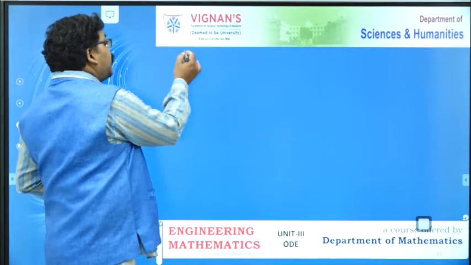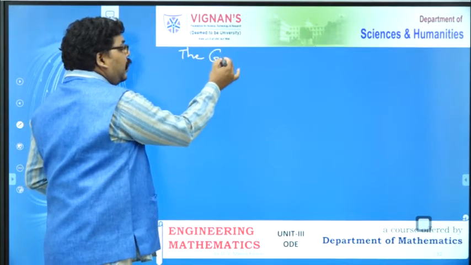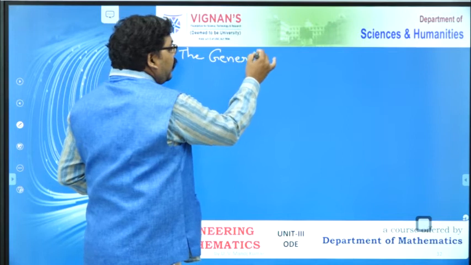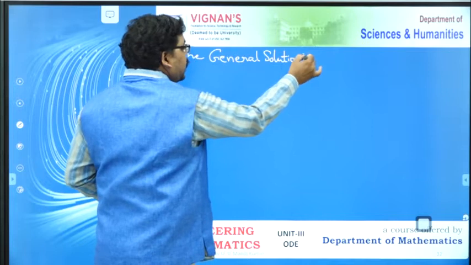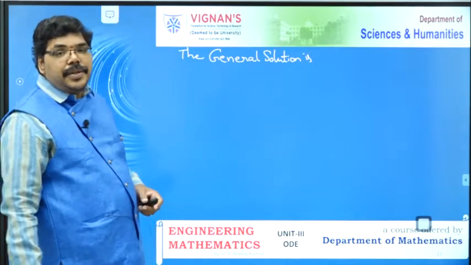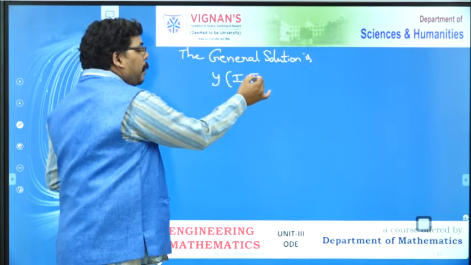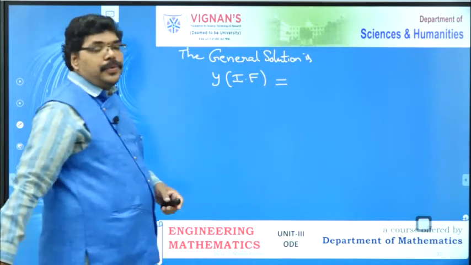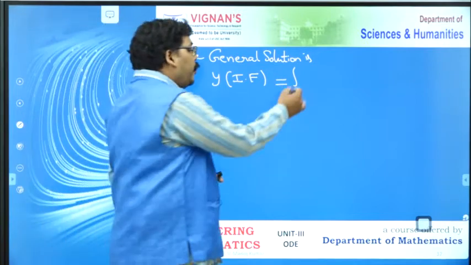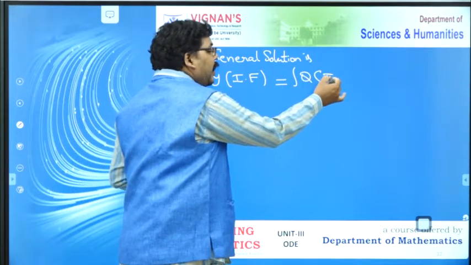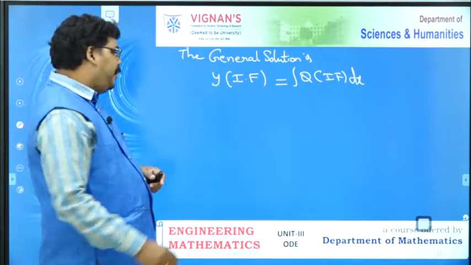What is the form of general solution? The general solution is, what is the general solution? y into integrating factor is equal to integral of right hand side function q into integrating factor dx plus c, we will write at the end.